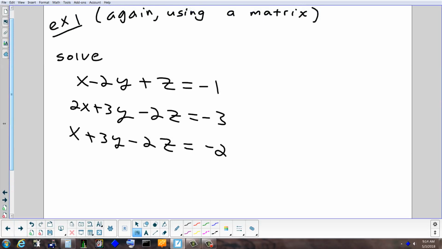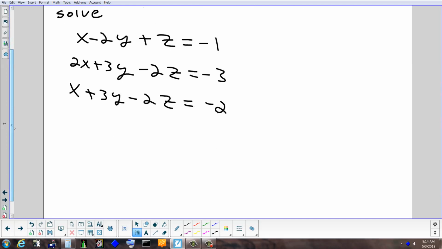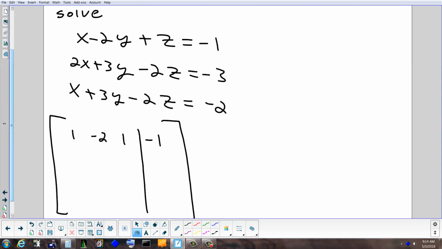All right, so first thing I'm going to do is just translate this all to numbers. In the first equation, what's my coefficient of x and z? Because I don't have a number there, but I got to put a number in the matrix. They're both 1s. So I'm going to start with 1, -2, 1, -1. Now, sometimes people put those little brackets around it for a matrix. You don't have to put them.